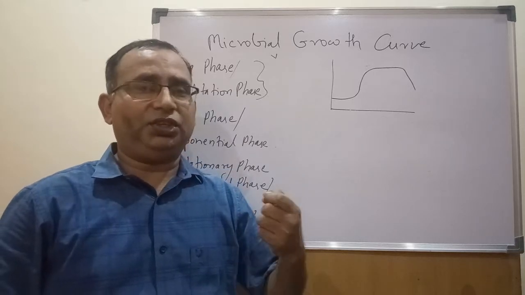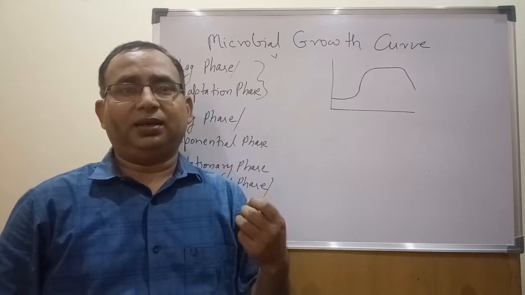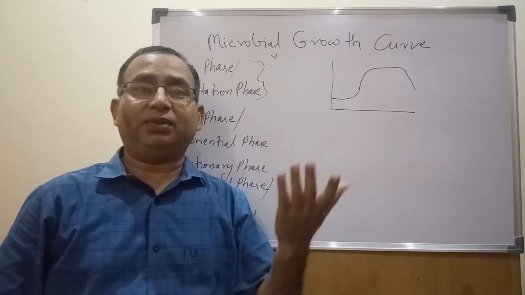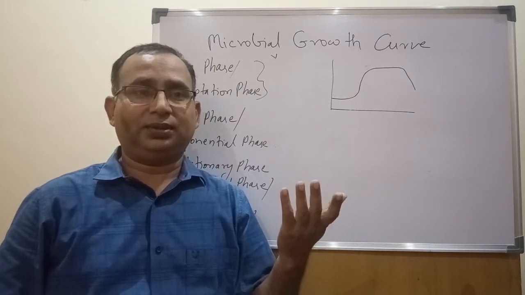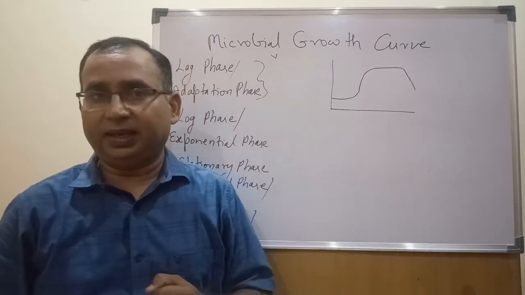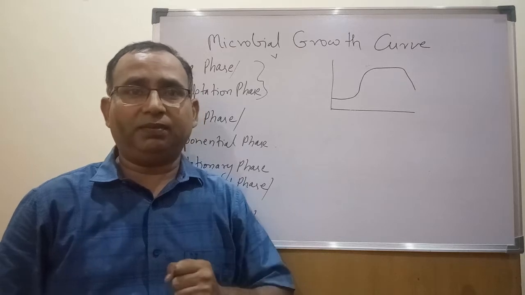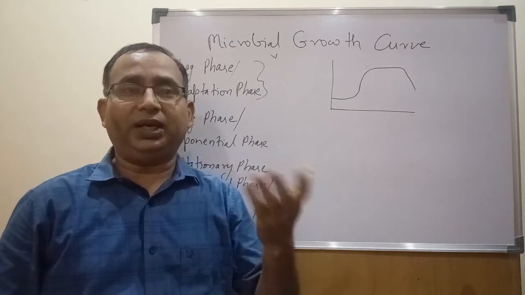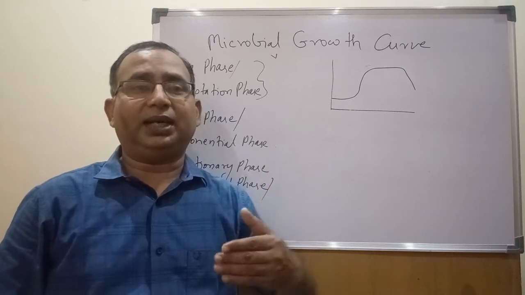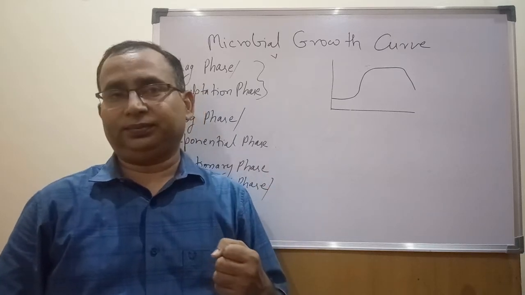Likewise, generation time for Mycobacterium tuberculosis is 20 hours. Simply we can compare that for E. coli it is 20 minutes only, and for Mycobacterium tuberculosis it is 20 hours, which is much more than that of E. coli.